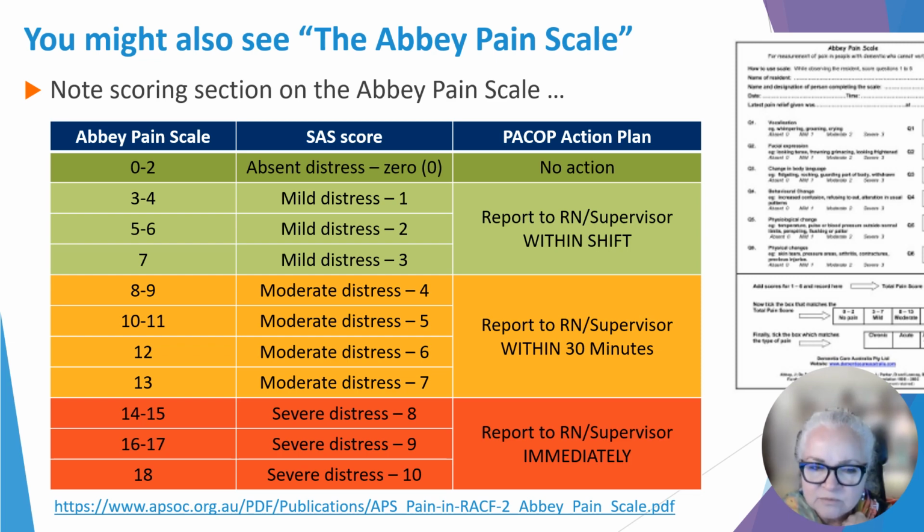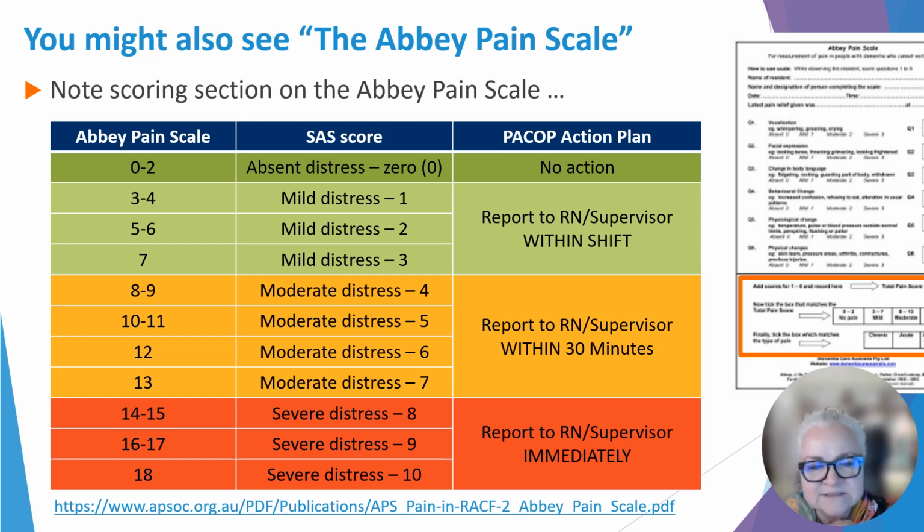So for an example, if you've got an ABI pain scale total score of 3 to 4, this would probably be similar to the resident experiencing mild distress from their pain. And if that was the case, the action plan or the escalation process would be to make sure that your RN or supervisor knew that within the shift.